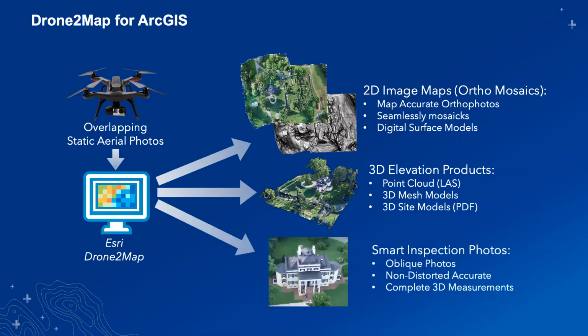And the third category is what we call smart inspection photos, which are oblique photos that include a mathematical transformation, so end users can accurately measure lines, heights, and areas in 3D coordinate space. You can imagine doing a disaster response following an event such as a hurricane, and how important it could be to fully utilize those 3D capabilities to measure and assess the damage following a disaster.